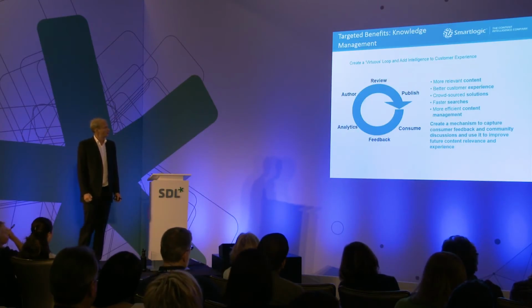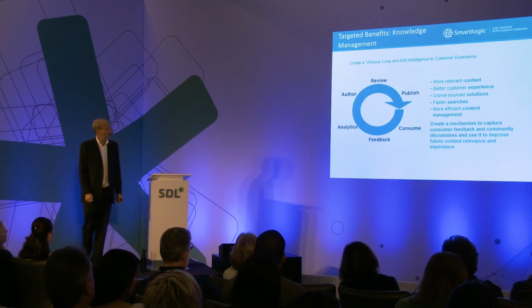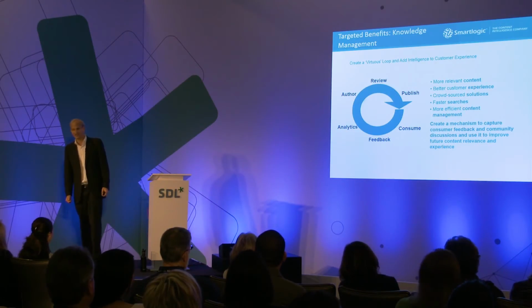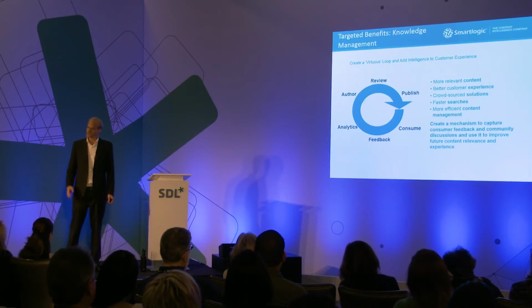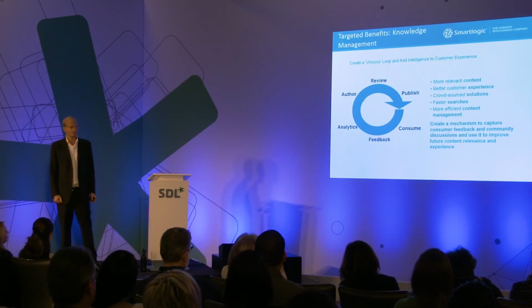So just to finish up, I actually stole this slide from HP, who presented last year, and talked about how they were using taxonomy to bring a more unified experience to their website.